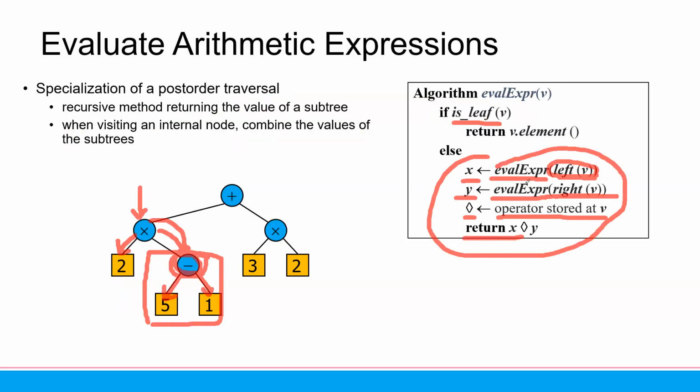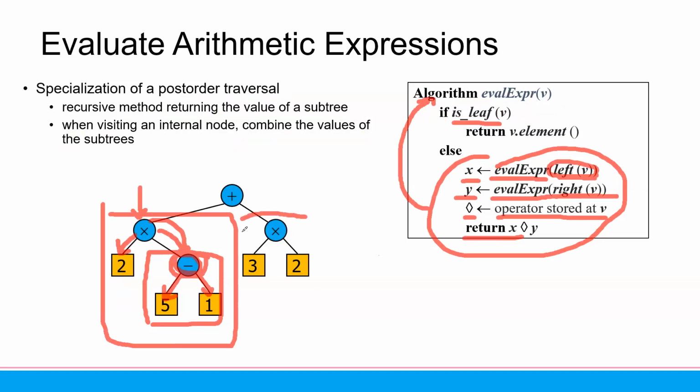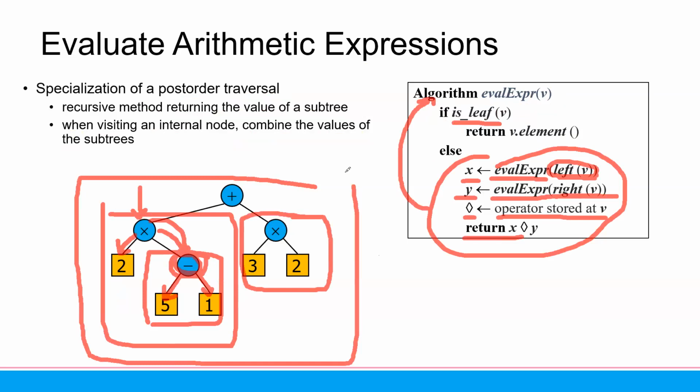After we finish with this one, then we will return back to the previous recursion, and we will do this one. Okay. And then after we finish, we will check with this one, and finally we will do with this one.